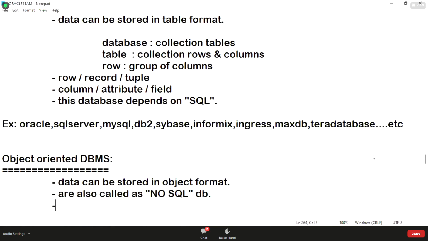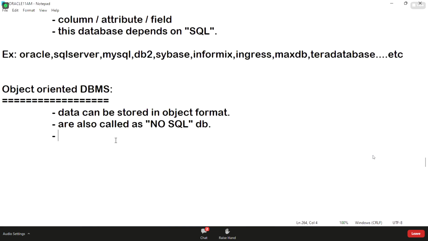But then how do these databases work, sir? They depend on one of the most important concepts: the OOPS concept. All of you know it from Java, .NET, and Python. Object oriented programming knowledge is required for object oriented databases.